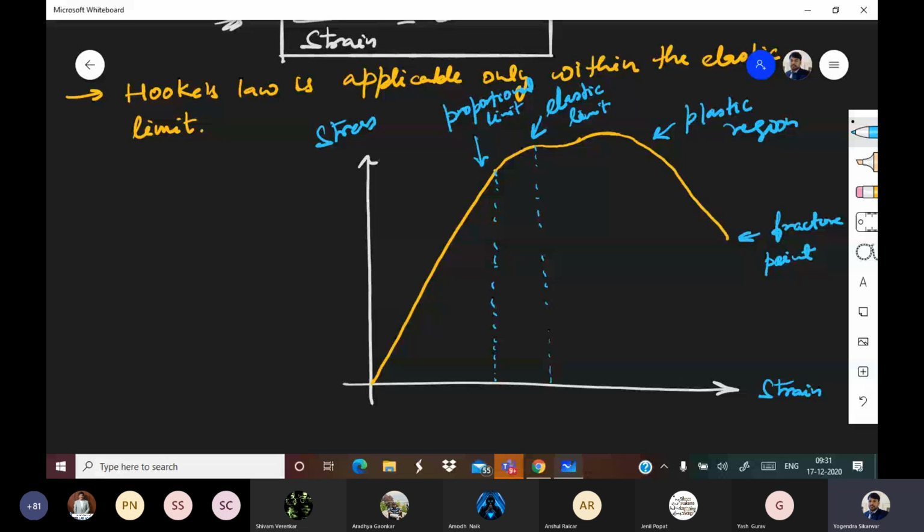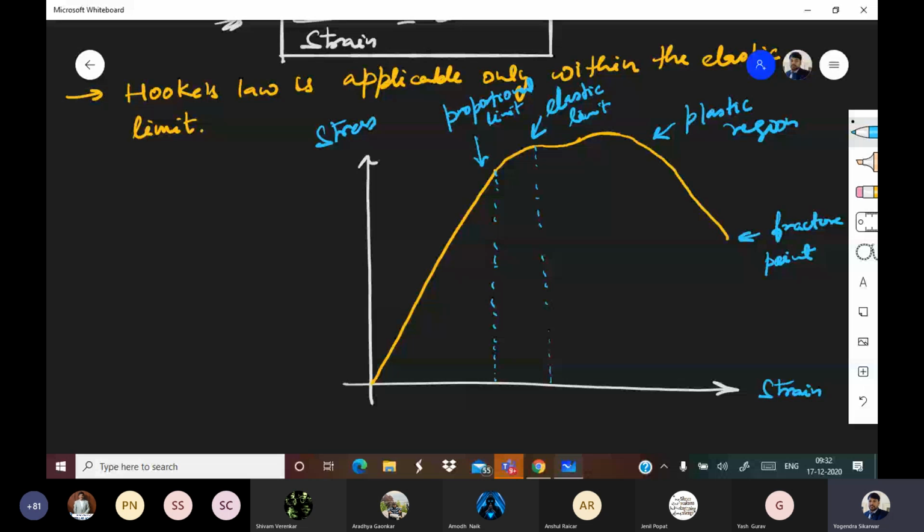The elastic limit tells us that if you remove the deforming force, the deforming stress, then the object will regain its shape back. Up to that point, the elastic limit.